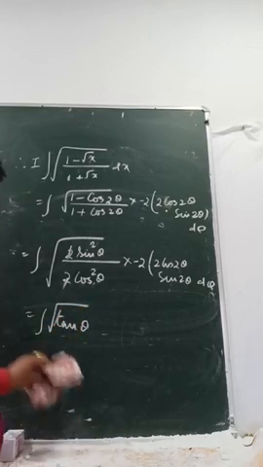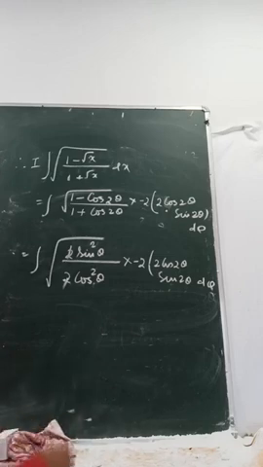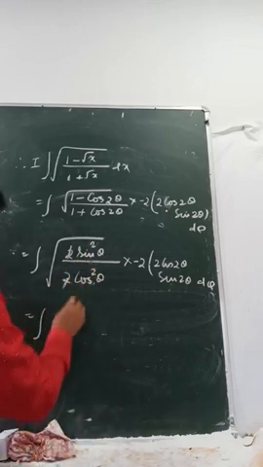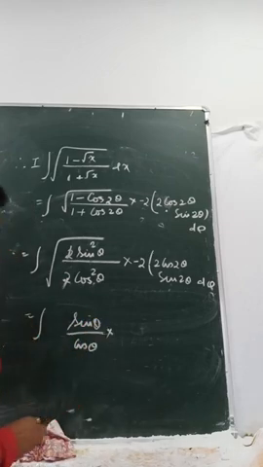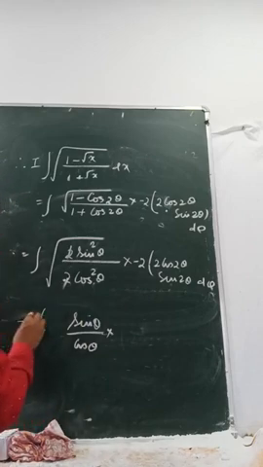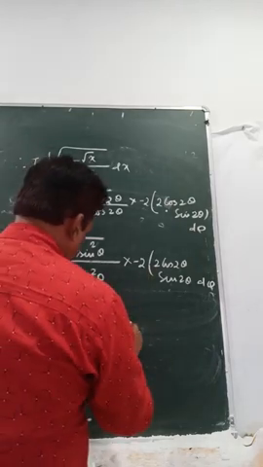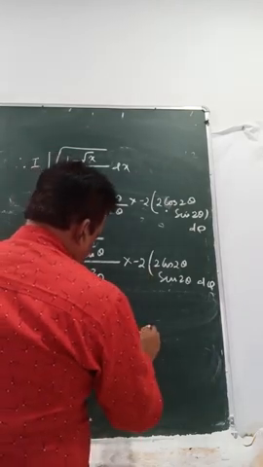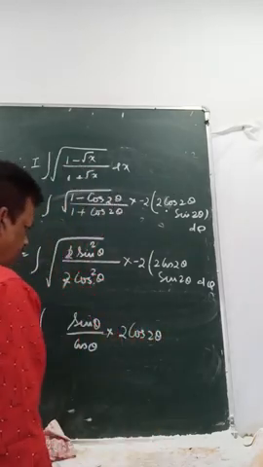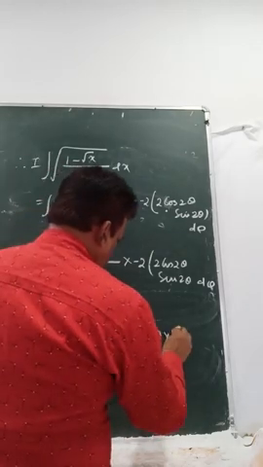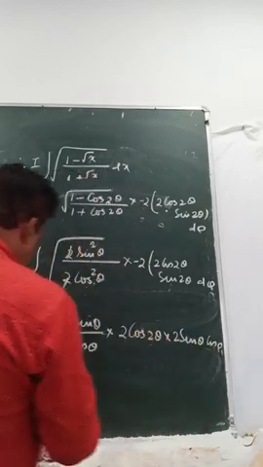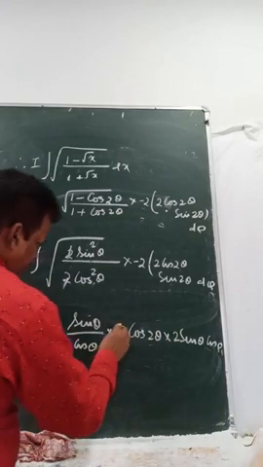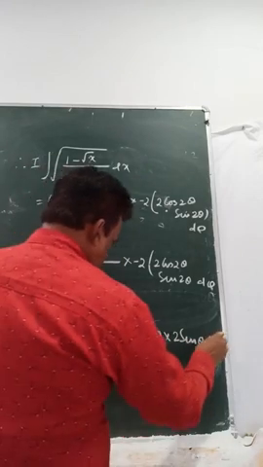Let's not write tan theta, let's write sin theta by cos theta. This minus 2 let me keep outside. Minus 2, then 2 cos 2 theta. This is again 2 sin theta cos theta. Let me keep the minus here. This is required for us. So cos is cancelled.